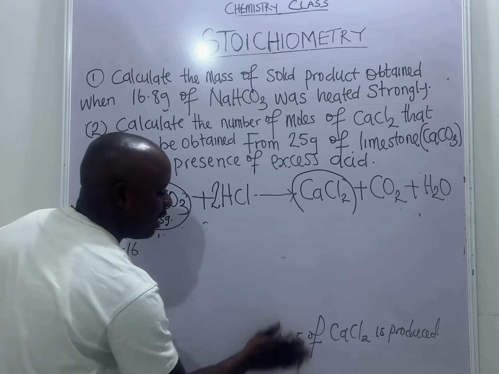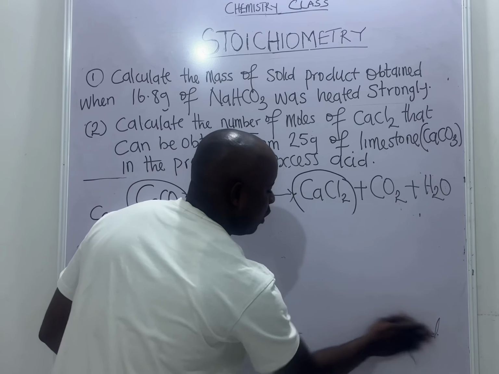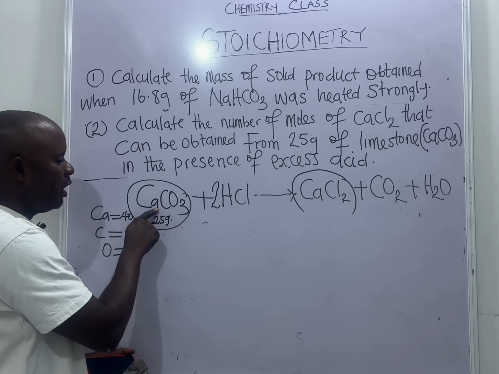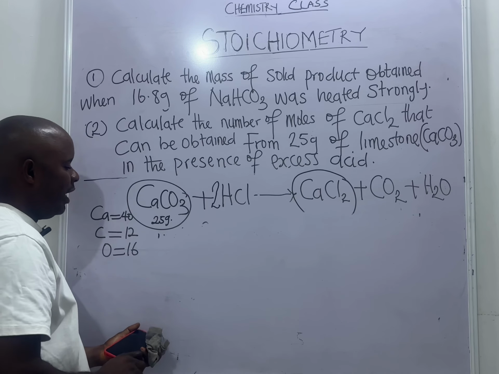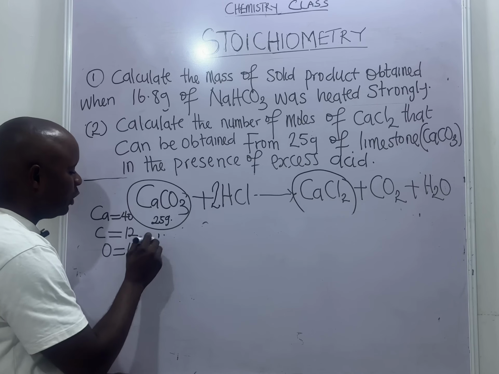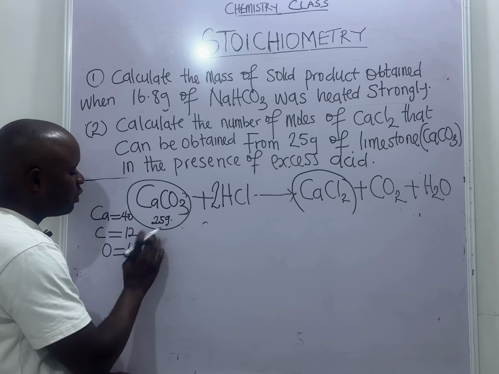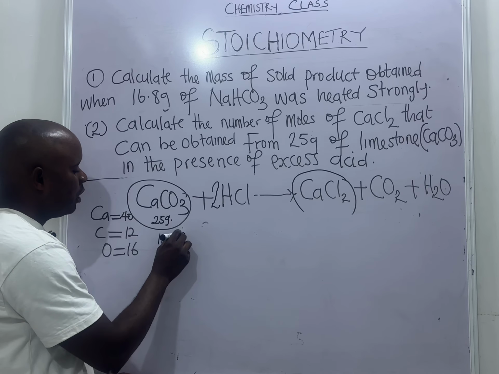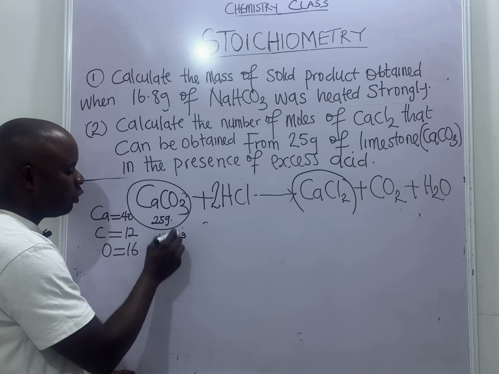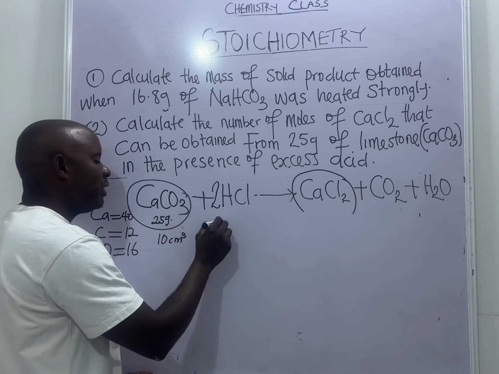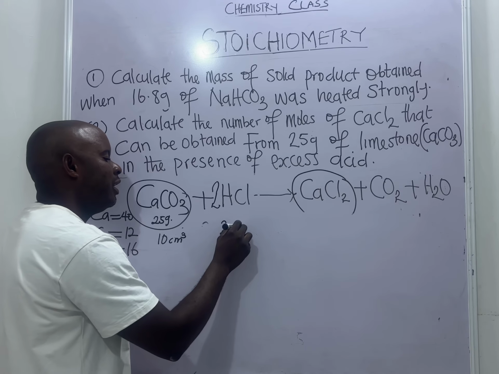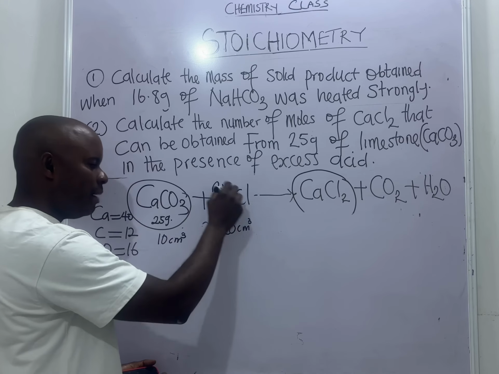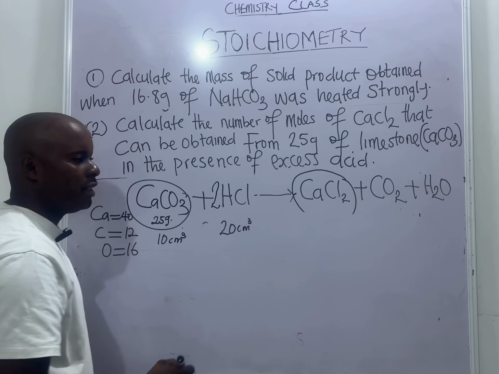The reason we have 0.25 on both ends is that since we have 1 mole here and 1 mole there, if in a laboratory work I am asked to measure 10 centimeter cube of calcium carbonate, the mole will tell me the amount of substances that are produced.